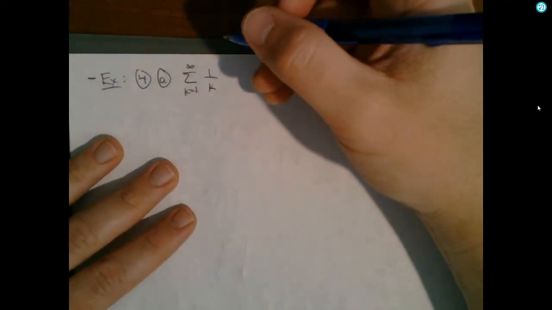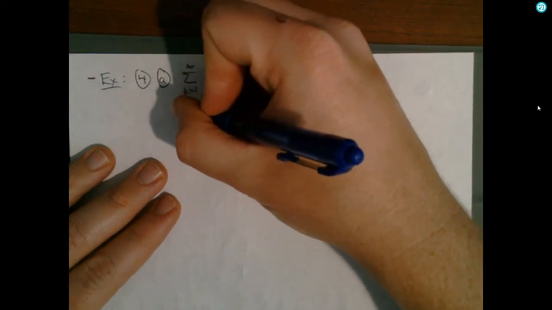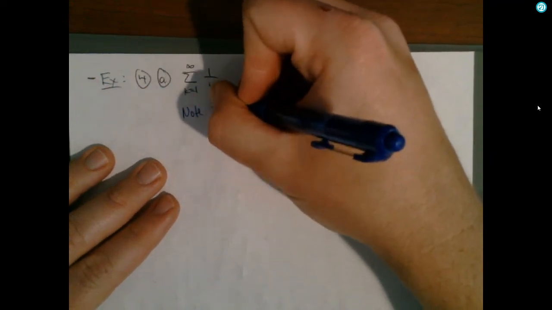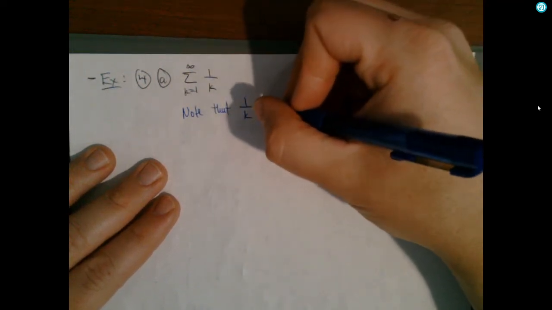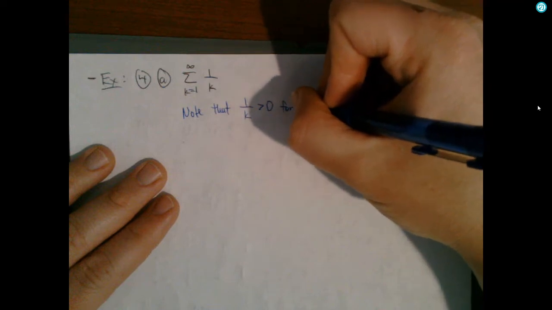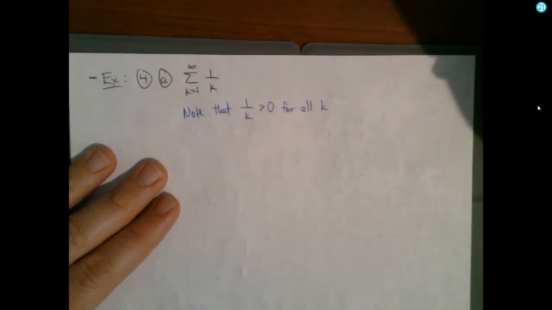So here's what we'll say. Note that 1 over k is positive for all natural numbers k.